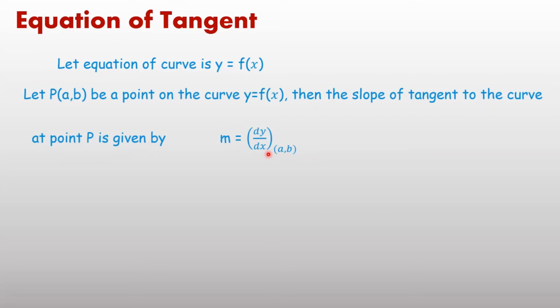So therefore, dy by dx represents the slope of the tangent to the curve y equals f(x) at the given point (a, b).